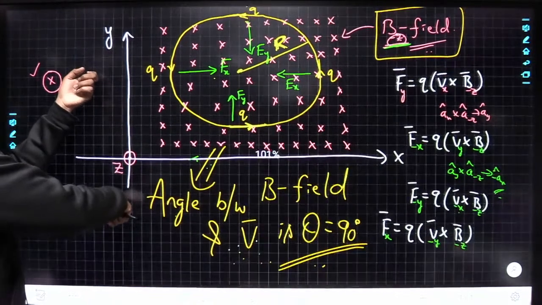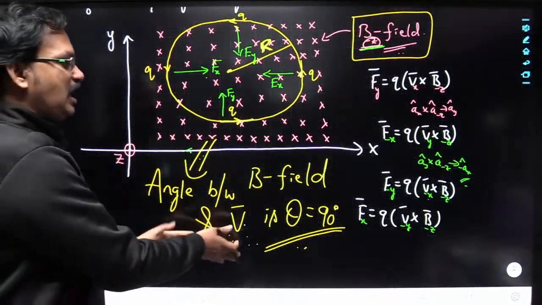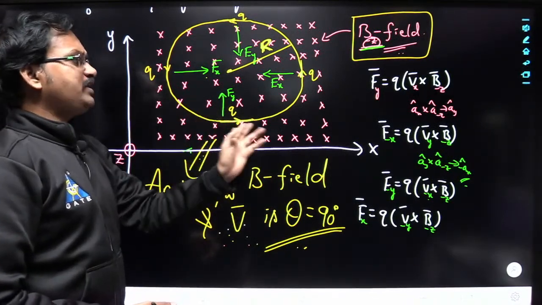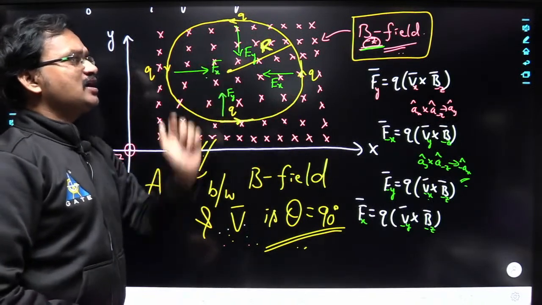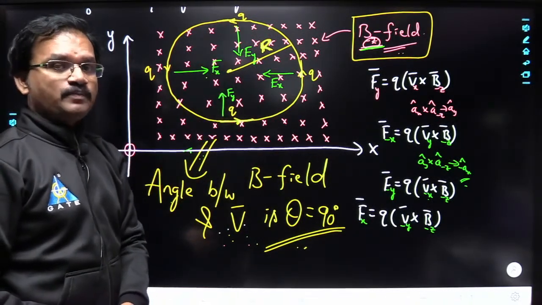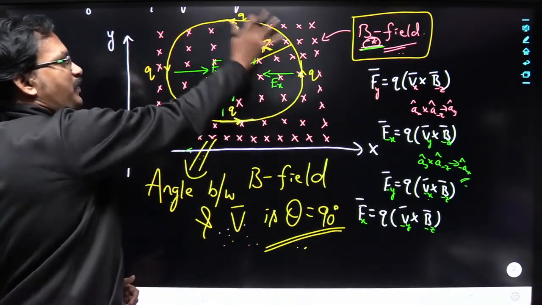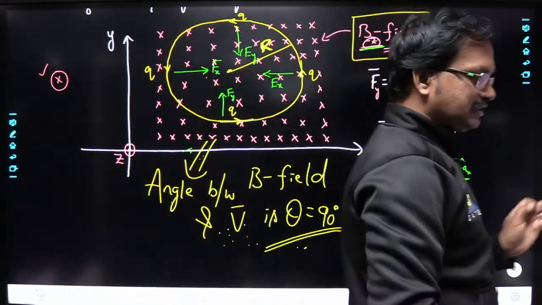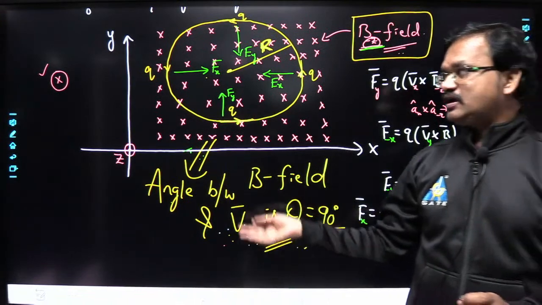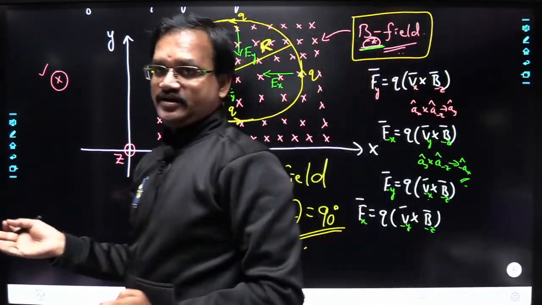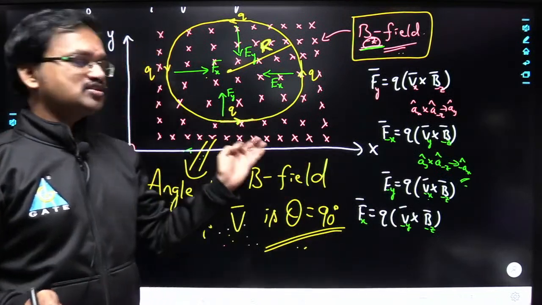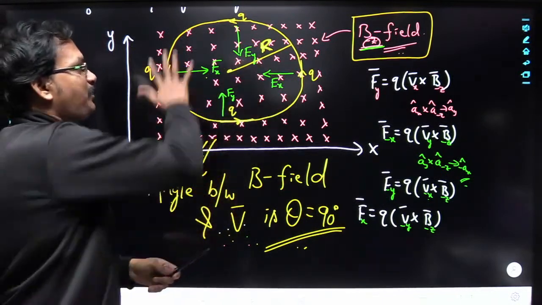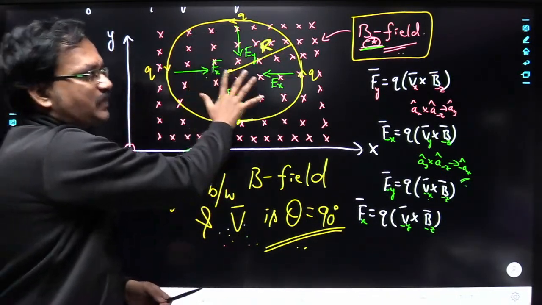So whenever the angle between the velocity and B field is 90 degrees, the moving charge is going to trace a circular path in a plane that is perpendicular to the B field.